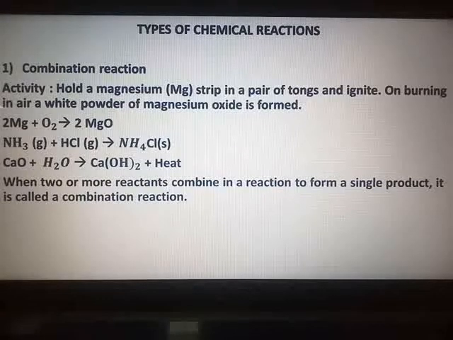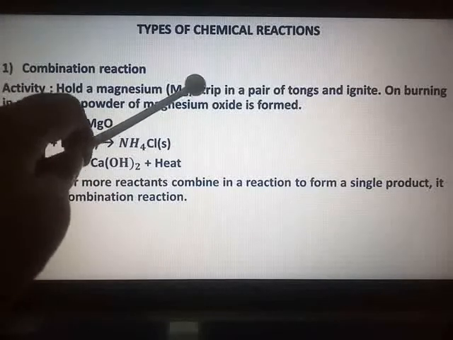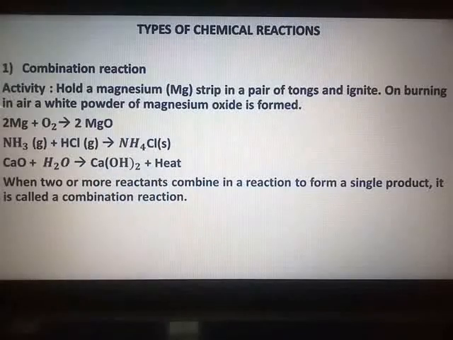So let us take up our first activity or the first example which is given in the textbook. Hold a magnesium strip in a pair of tongs and ignite. Ignite means burn. On burning in air, a white powder of magnesium oxide is formed. This experiment you have studied right from the lower standards.